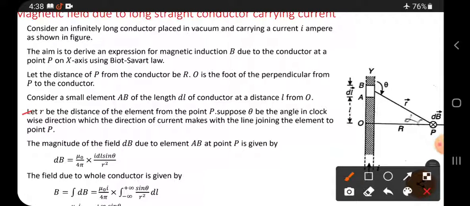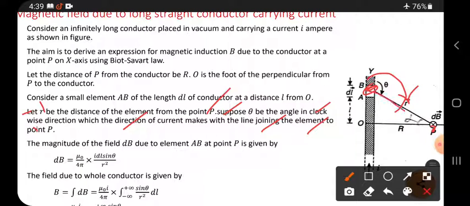Let small r be the distance of the element from the point P. Suppose theta be the angle, in the clockwise direction, which the direction of the current makes with the line joining the element to the point.